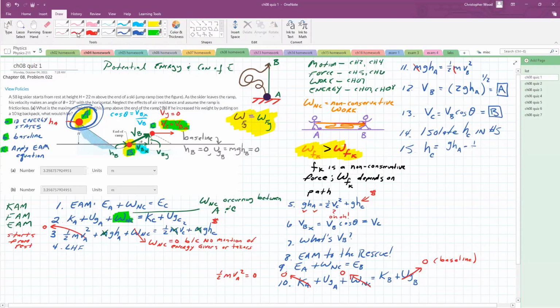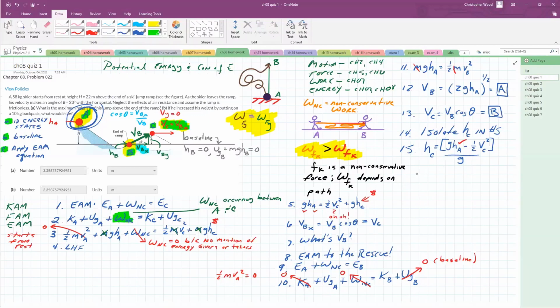Let's see. I know H subscript A, that's the height at state A, which for me is 22. I just figured out VC. All right, let's see what happens. 9.8 times 22 minus 0.5 times... 3.35 and some change.